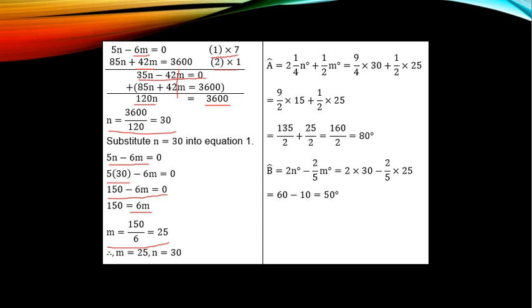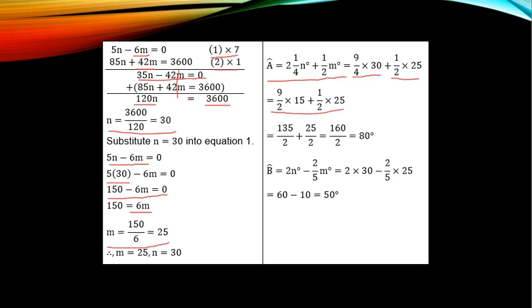Then you are asked to find the sizes of angle A and angle B. So you take angle A. Everything about angle A is this. So you have 9/4 times, what is n? n is 30, plus 1/2 times 25. You reduce, you get this.